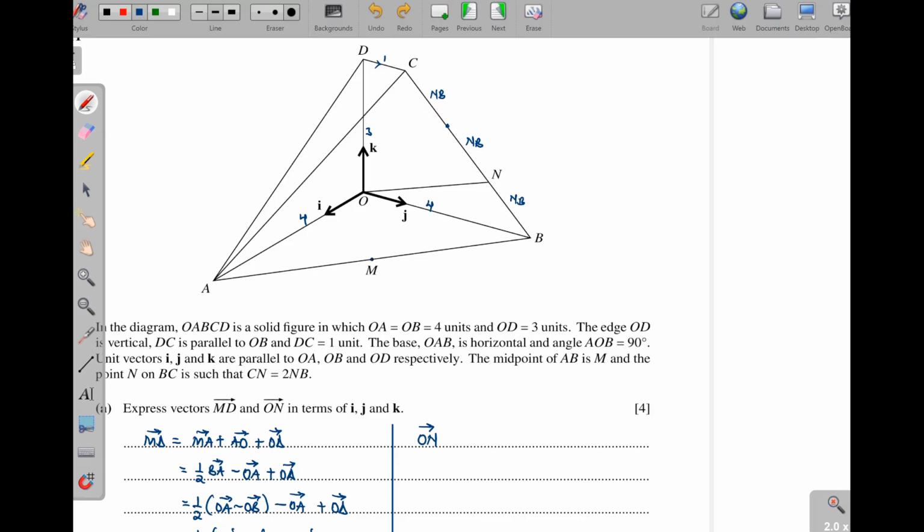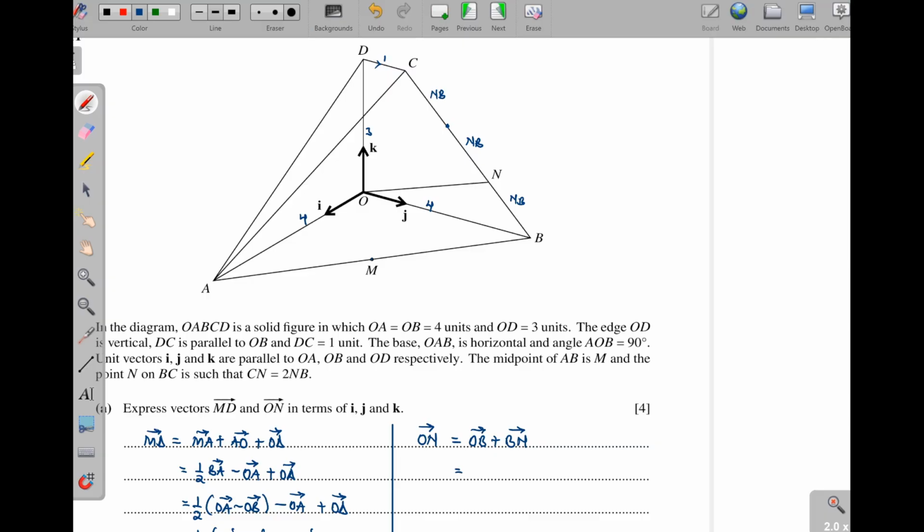Now O to N, this one here, we can say OB, then plus BN. You see that? Or you can say OD plus DC, then plus CN. So I can say ON is equal to OB, then plus BN.